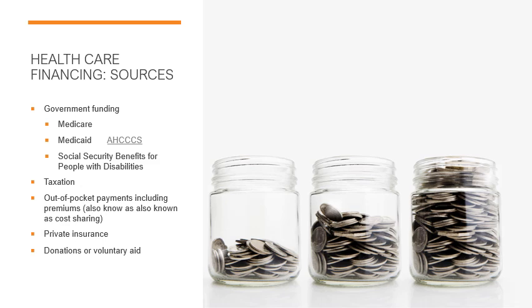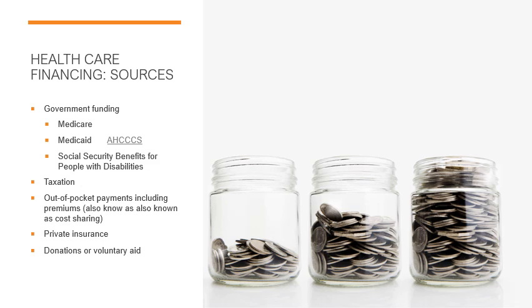So let's briefly take a look at healthcare financing, or how we pay for healthcare. The process of generating, pooling, and allocating resources for the funding of health services is really what health financing is. It's a separate topic from healthcare finance. Healthcare finance refers to how society pays for the healthcare services it consumes, but this is how we gather the money for it.